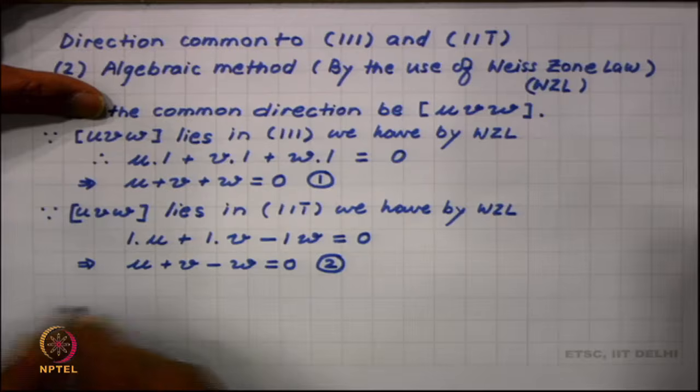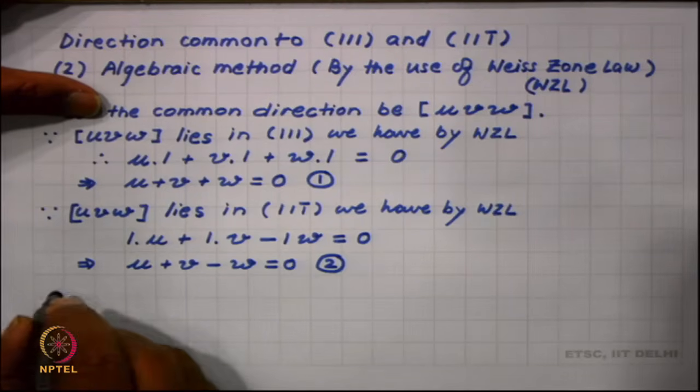So, we do that now algebraically. We can see that if I add 1 and 2, then we can get rid of W. So, I do that.